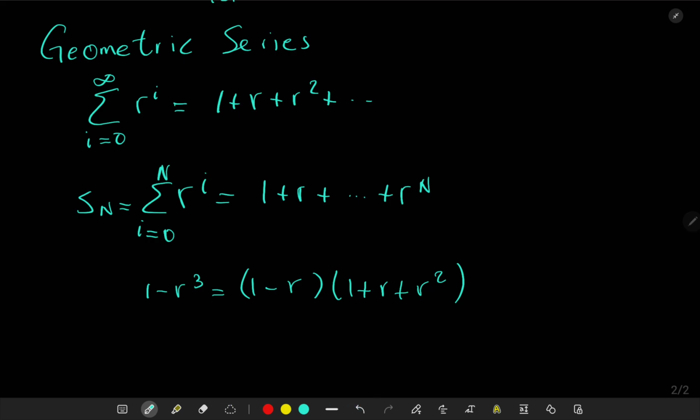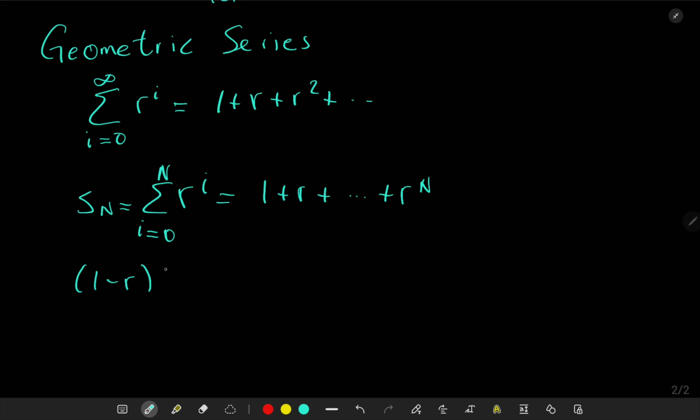So based on this, I'm going to give you a formula, which of course we would have to establish by mathematical induction, but I'm going to try to motivate it a little bit. If you grab 1 minus r and multiply it times this expression we have here, 1 plus r plus r squared plus up to r to the n, which is 1 minus r multiplied times S_n, that's going to be nothing but the following.